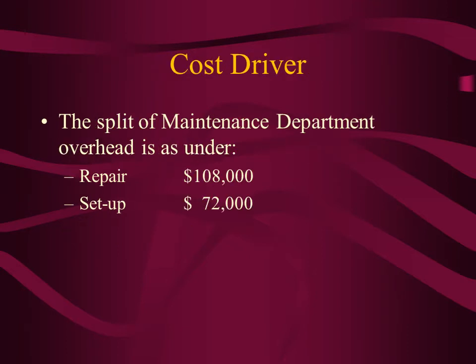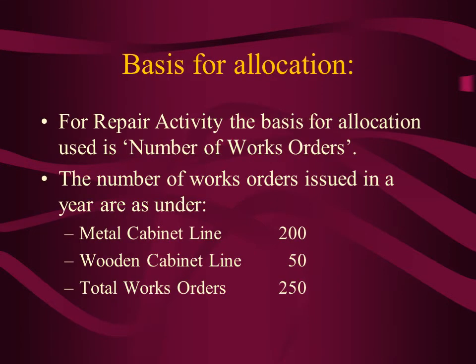So now the maintenance department cost is allocated as $108,000 going to repairs and $72,000 going to setup. So now the repair activity has the cost driver as number of works orders, and the estimated number of works orders for metal cabinet are 200 and for wooden cabinet 50 works orders.